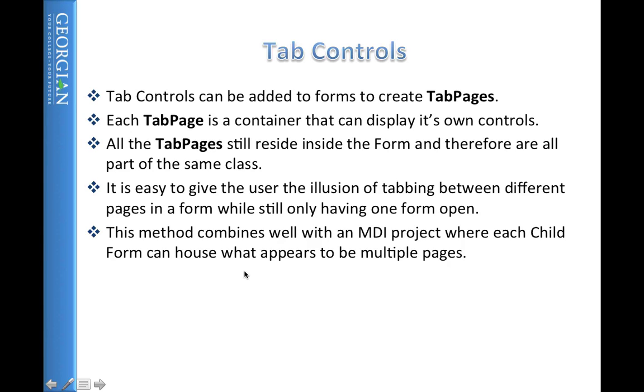Okay, so let's take it. I think it does combine well with an MDI project where, for example, each form can house what appears to be multiple pages. So an example would be this: you generate your character on tab 1. Maybe on tab 2, you have your race, and maybe on tab 3, you have other information.